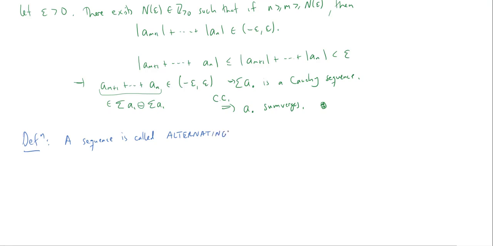Well, what's alternating? It's going to be the sign. Okay, so if it is of the form, we're going to write negative 1 to the n times a_n, where a_n is eventually non-negative or non-positive.